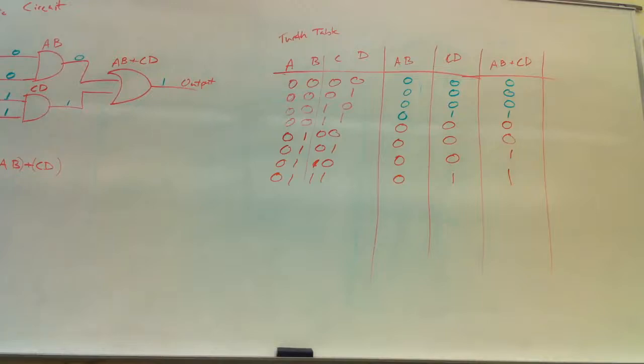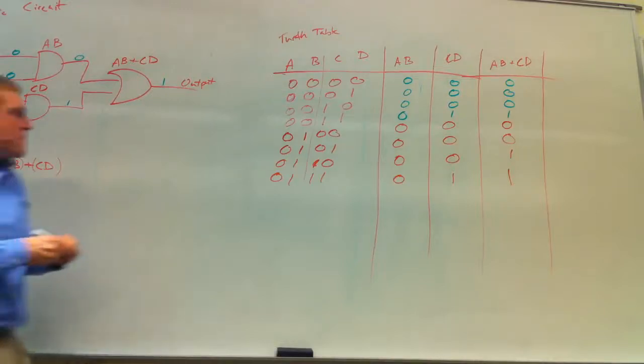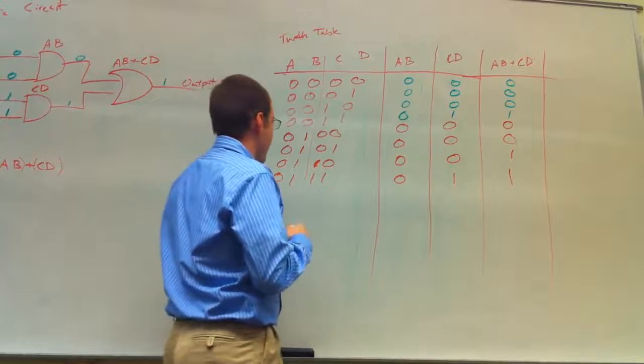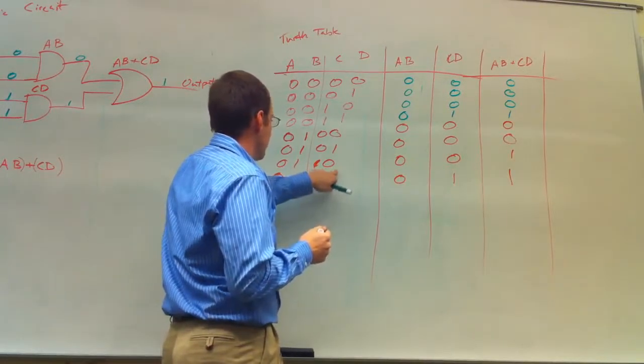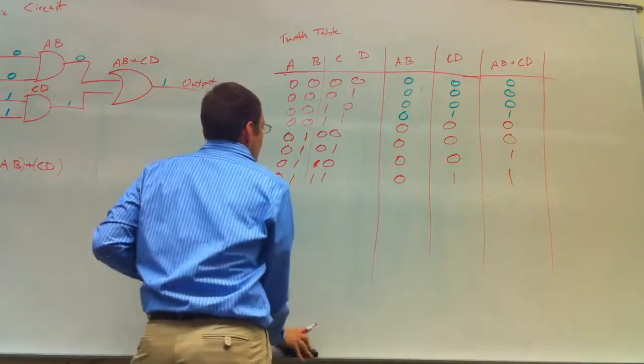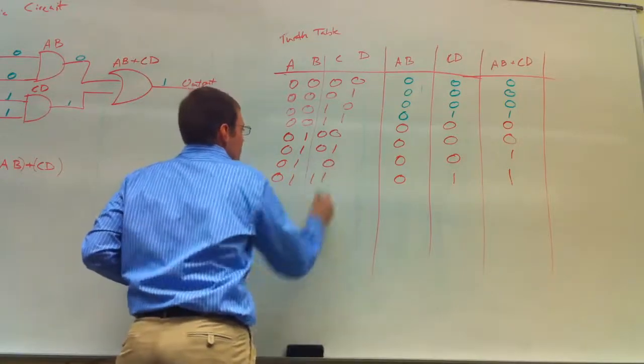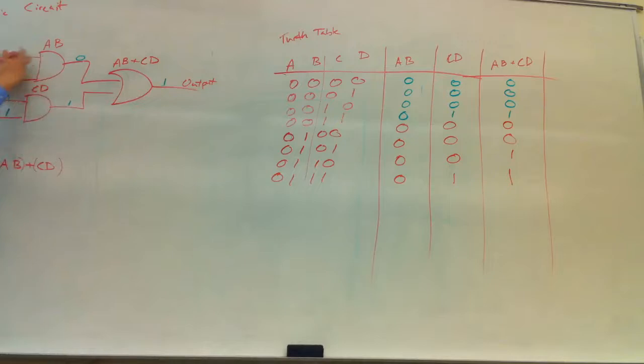Everyone got this one? That second to the last one where it says 0, 1, shouldn't that be 0? No, this one here? No, that's right. The output. So A is 0, B is 1, C is 1 and D is 0. 1 ANDed with 0 is 0.